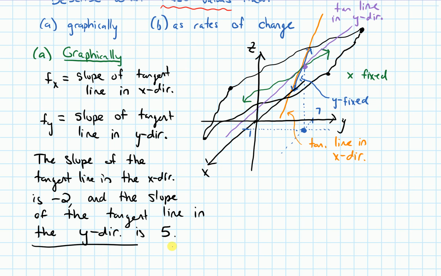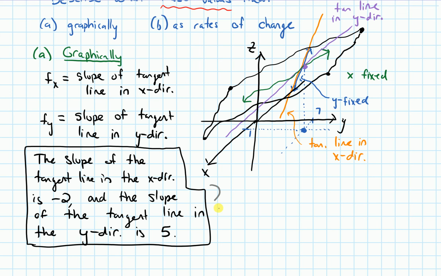Those are the values that were given to us in this problem. And overall, all of this is referring to the point where x is 1, y is 7, and the z value was 8.